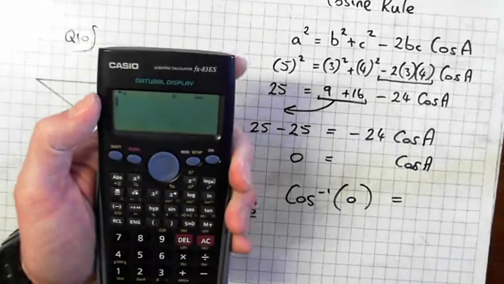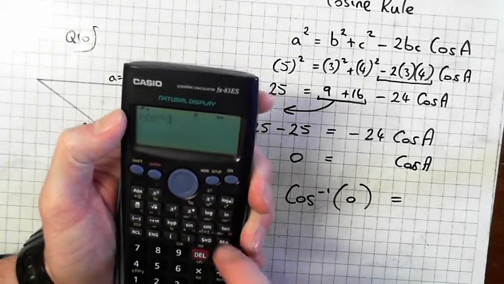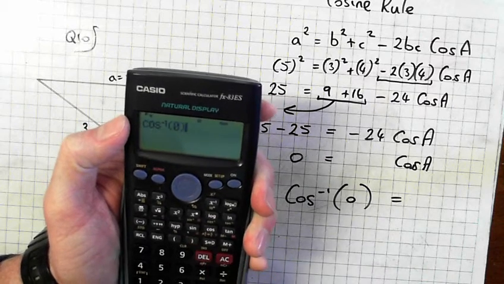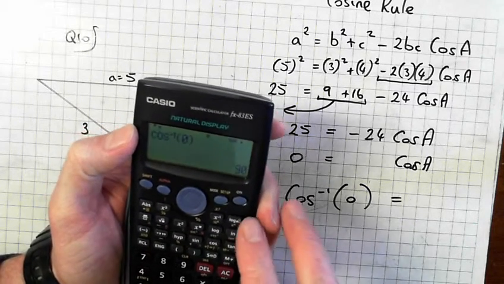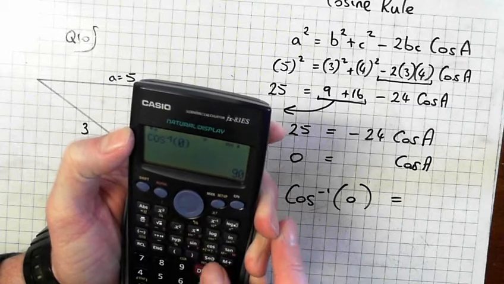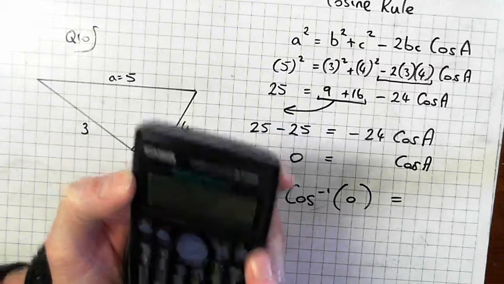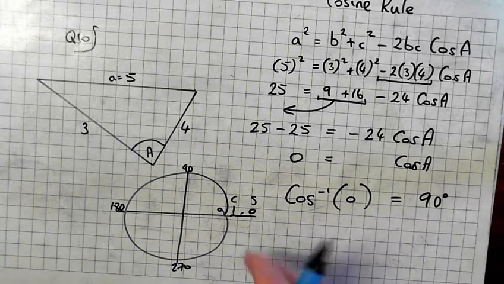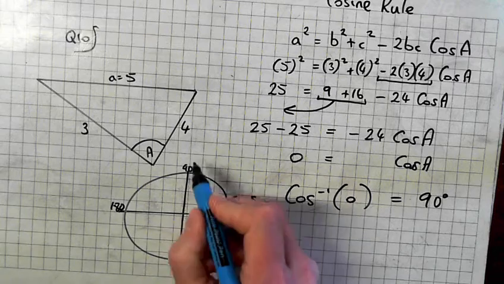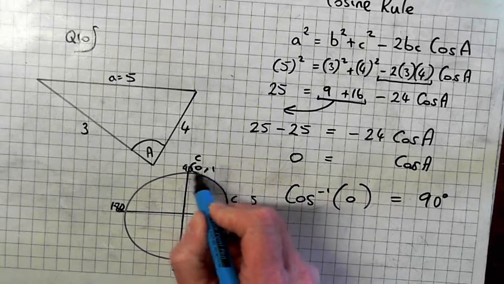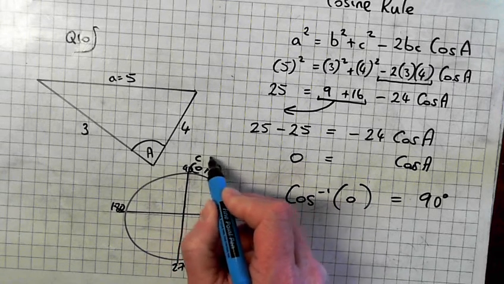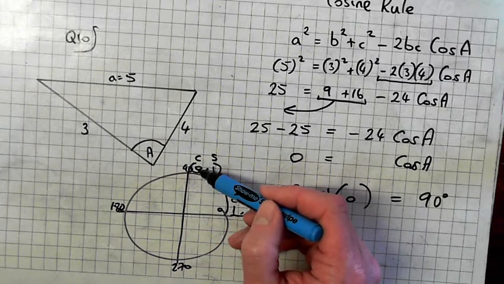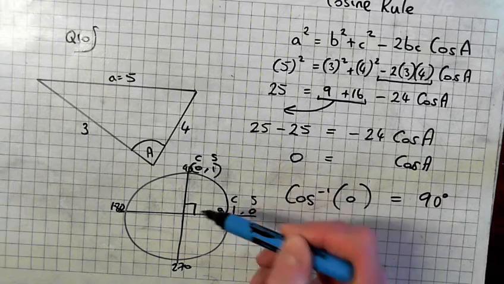If I use the calculator, inverse cos, and put in 0, bracket equals, I get 90 degrees. Inverse cos 0 is 90 degrees.